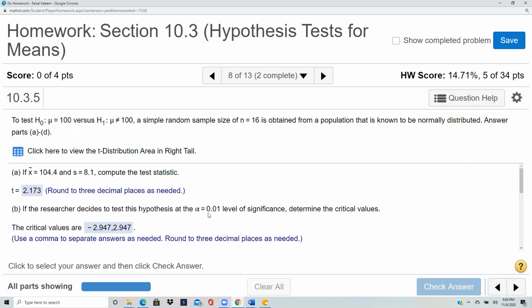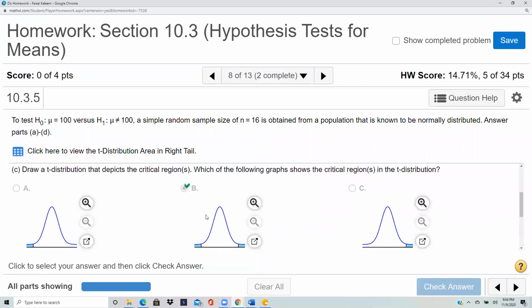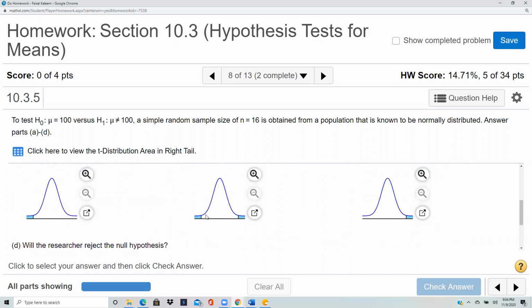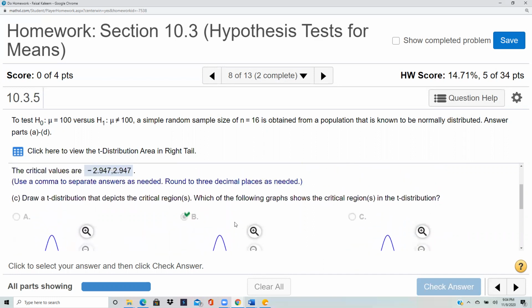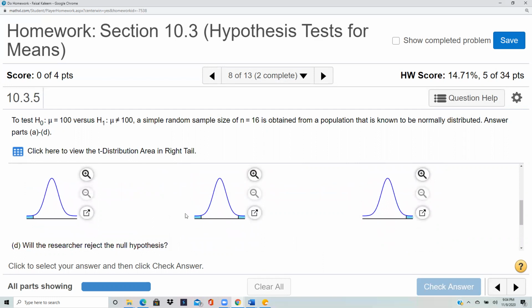0.0462 is bigger than 0.01, so you do not reject. When you do not reject, it means you are not in the rejection region. Remember, the rejection region is the blue region. Since you do not reject, you are in between the two values, in the white region.